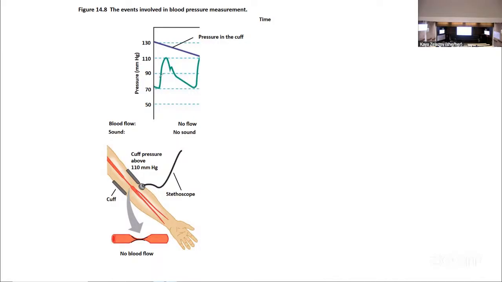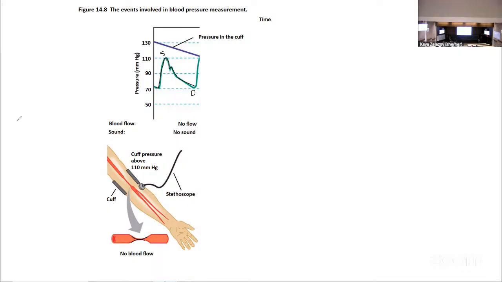This green line is the pressure in the artery. So you can see that the pressure has peaks and dips, right? Because when the heart is pumping out blood, we peak up to our systolic pressure. And we head down. And at the end of diastole, that's our lowest pressure here.